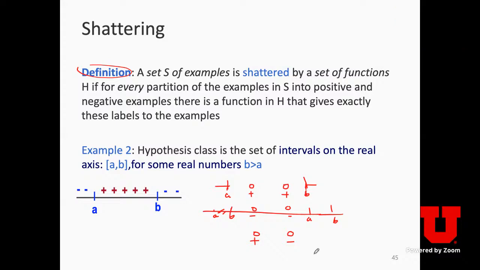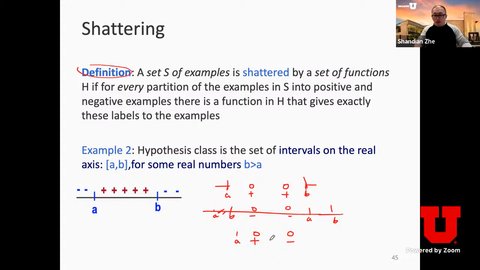A should be less than the positive one, and B should be in between the positive and negative labels. Yes, so you just ensure that this positive example is between A and B, and B is between the positive and negative examples. Then this example will be predicted as positive, and this negative example will be outside of the interval and be predicted as negative. So it gives a correct prediction.